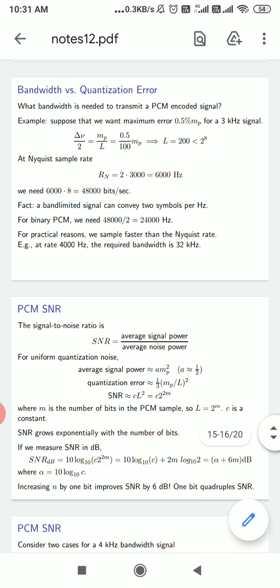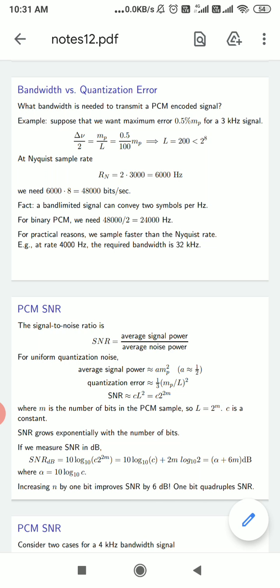Suppose we have a question where we want the maximum error given as 0.5% of MP. So you can take 0.5 upon 100 into MP as the maximum error.